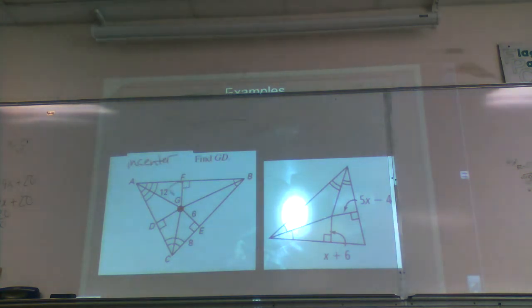So if I drew a circle, I would see that would be an inscribed circle. And again, the whole point of drawing the circle would be simply to see that that's a radius, so is that, so is that. So if this measures 6, what do the other two measure? What's your answer there? 6.